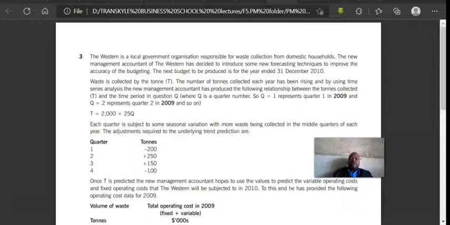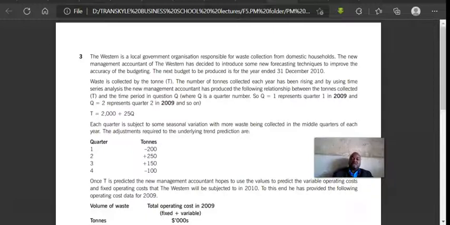So Q1 represents quarter 1 in 2009, and Q2 represents quarter 2 in 2009, and so on. T is equal to 2000 plus 25Q, that's the model. Each quarter is subject to some seasonal variation, with more waste being collected in the middle quarters of each year.